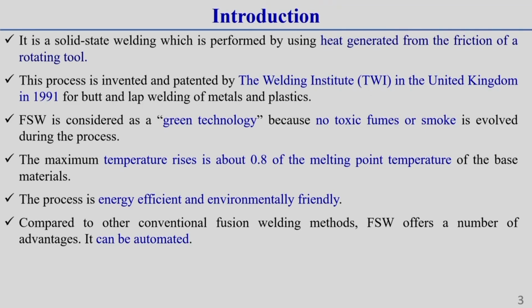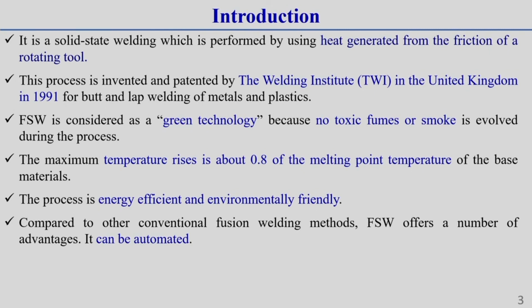Due to this frictional heating the material becomes softened and joining is done. As the heat is generated by friction and the joining takes place by a rotating tool where there occurs a stirring effect, that is why it is called friction stir welding process.